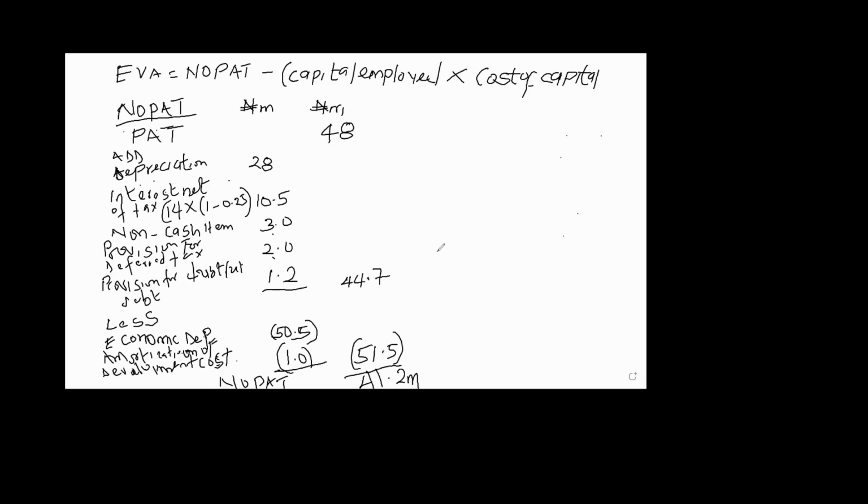Is that correct? So that means initially it was 1.2. Now, the only aspect that affected the income statement for the year under review is 1.2 million.